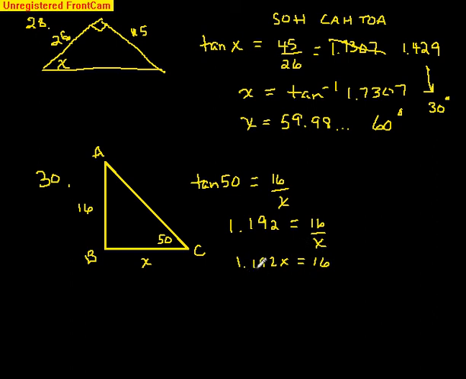So 16 divided by 1.192, and I get 13.42 feet. They actually round this to 13 feet. If there are feet or units in your problem, you have to have units in your answer or else it's going to be wrong. Okay, let's do 32.